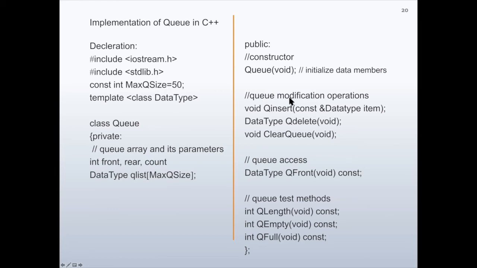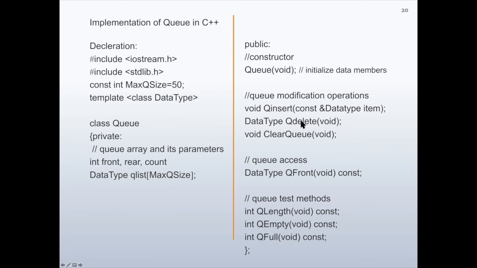We have Q modification operations. We have Q insert. There is an item to be inserted into the Q of data type. This is defined as a reference and constant for not reserving space for the item when the function is called.